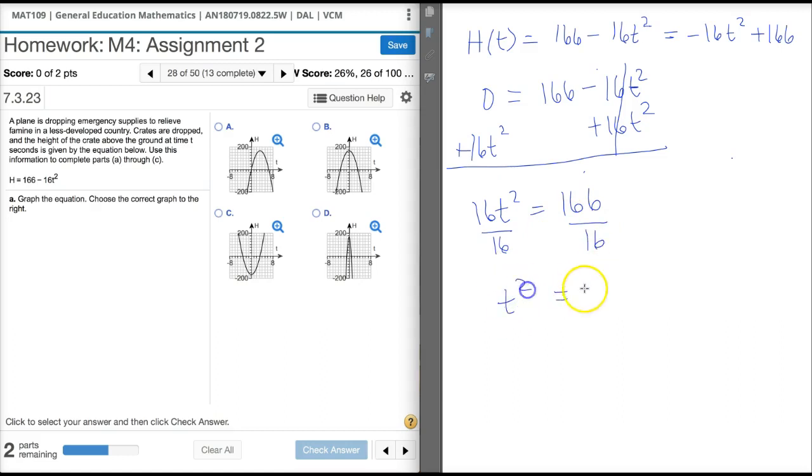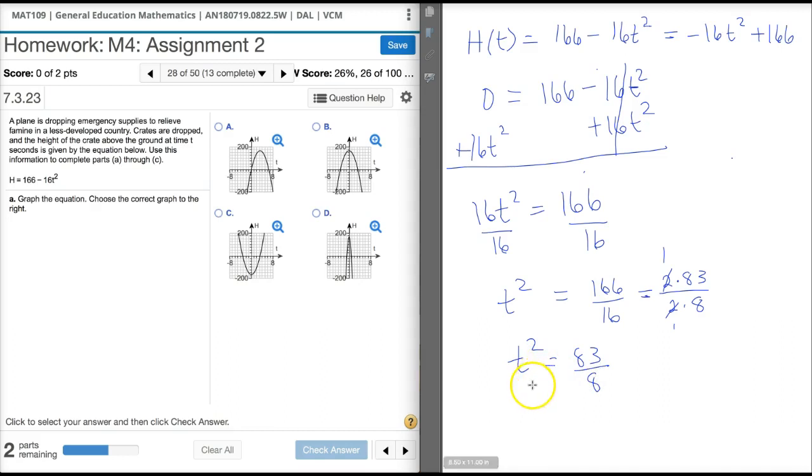And that will give me t squared is equal to 166 over 16. Now, it so happens that 166 is the same as 2 times 83, and 16 is 2 times 8. So this has a common factor of 2, so that reduces, and t squared is just equal to 83 over 8.